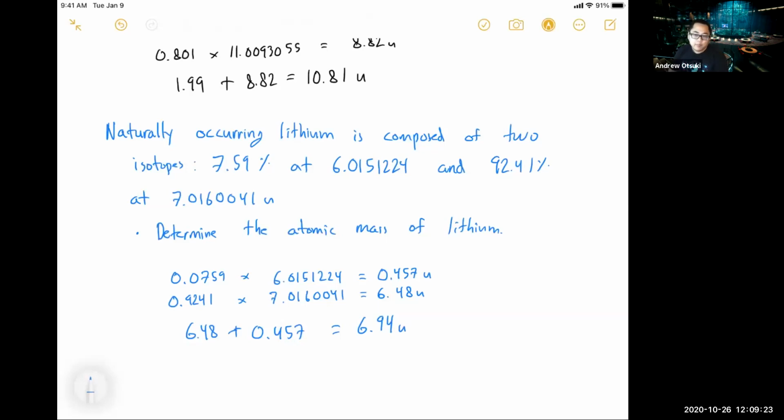Don't worry about the instrument, but just know that we can measure the relative abundance percentages and plot the mass of the isotopes, and we can get something like a pie chart or bar graph of the relative abundances for each isotope. So this is an example of a percent isotope question.